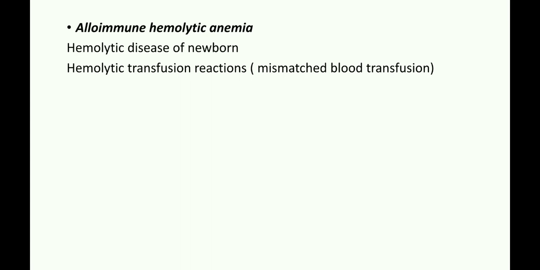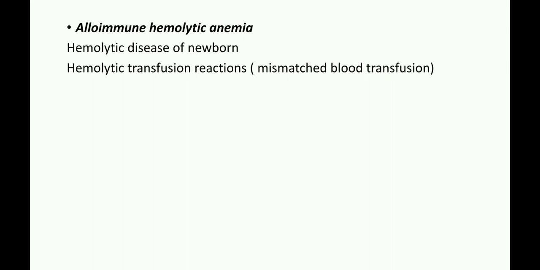In the case of alloimmune hemolytic anemia, the antibodies are produced against a foreign antigen. That means the antigen from a different individual. That can be during mismatched blood transfusions, when the person is receiving blood from a different individual. In that case, the antibody can be produced against that RBC.